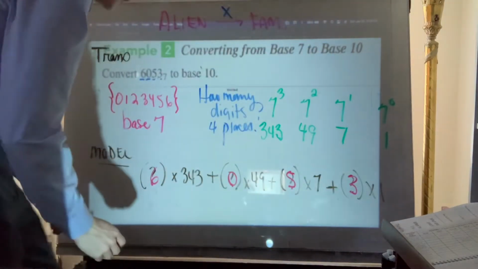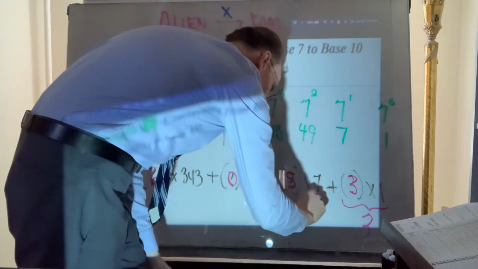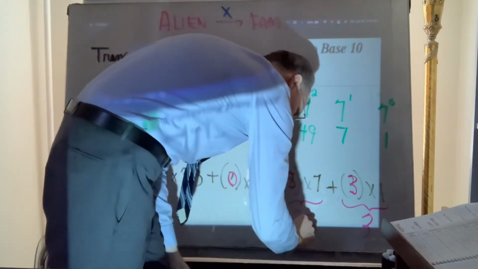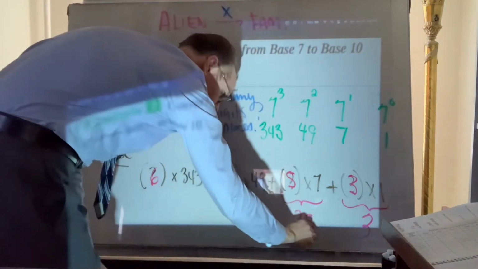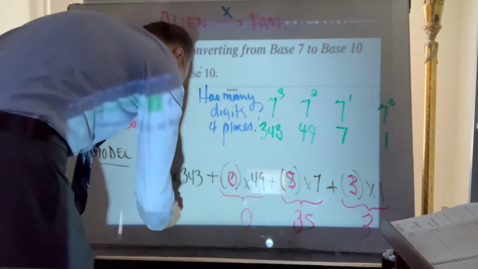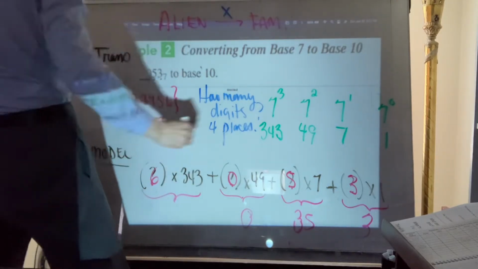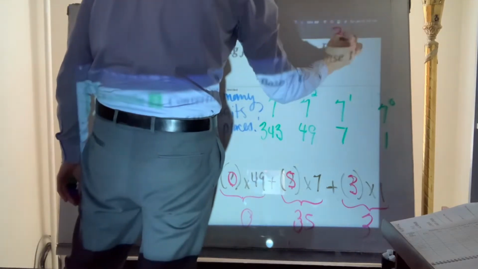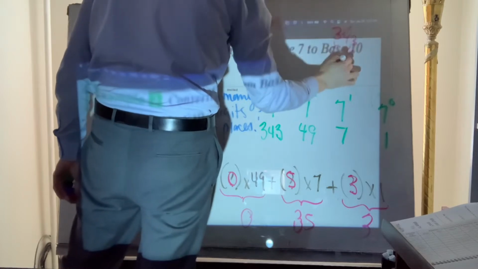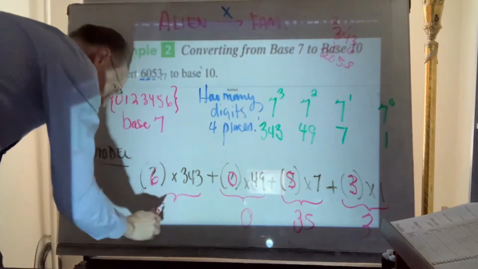So, 3 times 1, of course, is 3. 5 times 7 is 35. 0 times 49 is just 0. And then 6 times 343 is what? 18, carry the 1, 25, carry the 2, 18, 20. 2058, I believe.